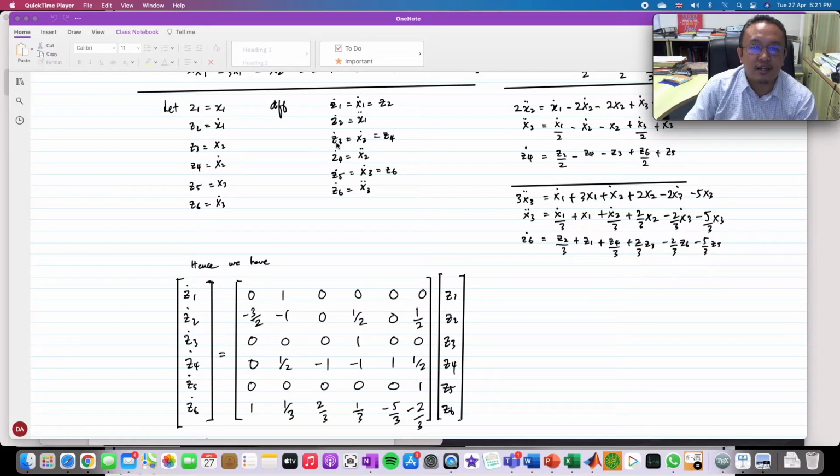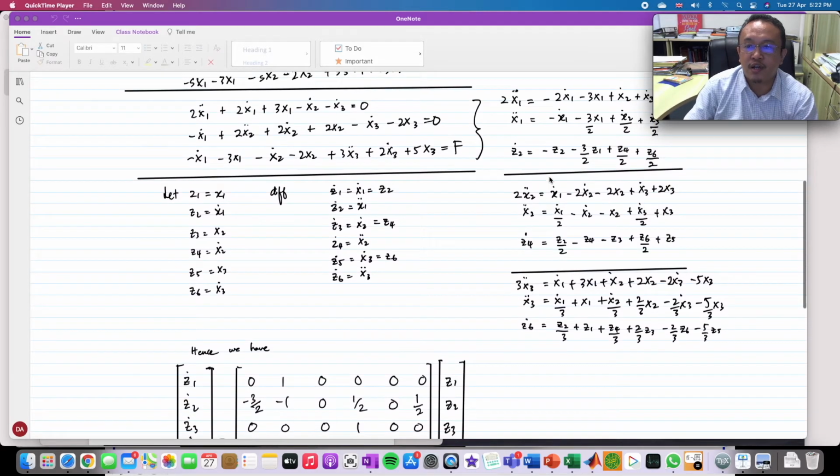Okay, z3 dot equals z4, so at z3 dot, 1, 2, 3, 4, number 4 is 1, so the rest are 0. So z5 dot equals z6, so z5 dot, 1, 2, 3, 4, 5, 6, where z6 equals 1, the rest are 0.